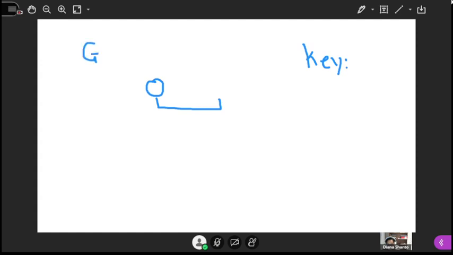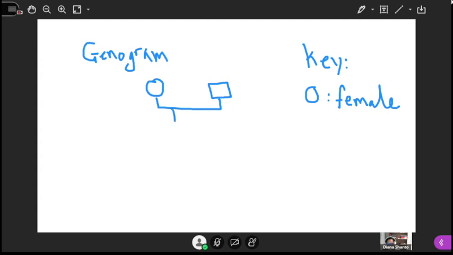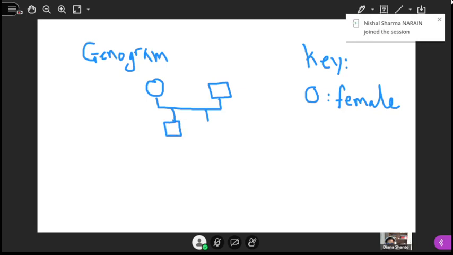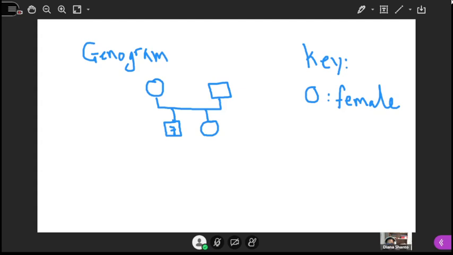This is genogram, okay? We are doing a genogram. Katie, a circle for female, is married to Paul, and they have 2 kids together, Julie and Jean.